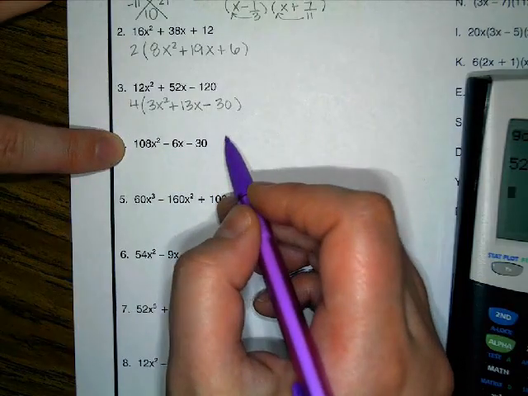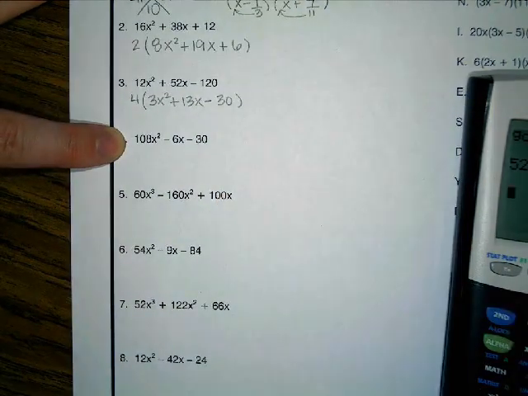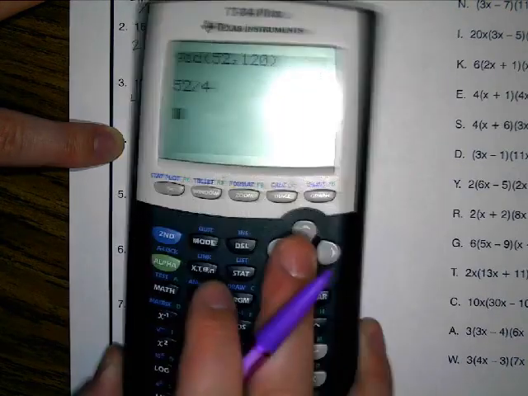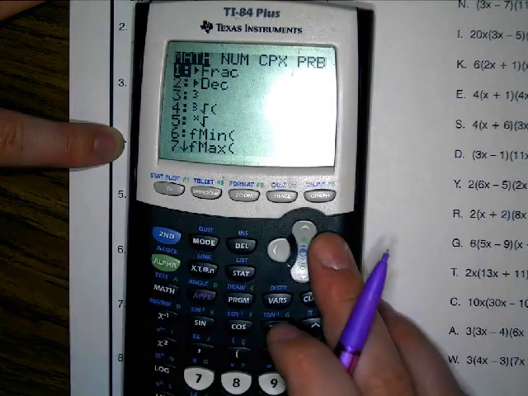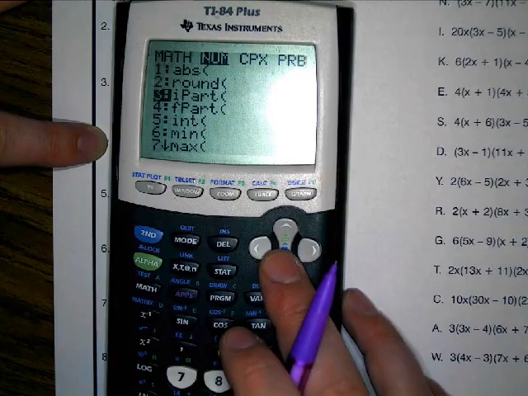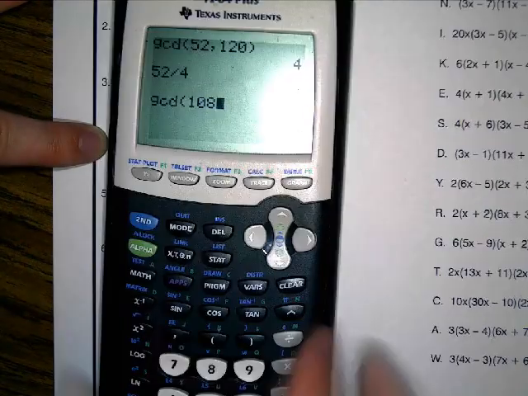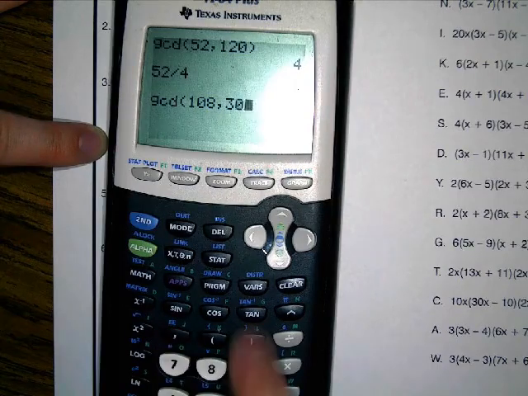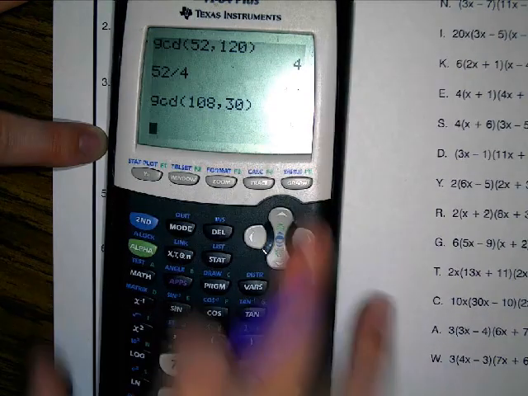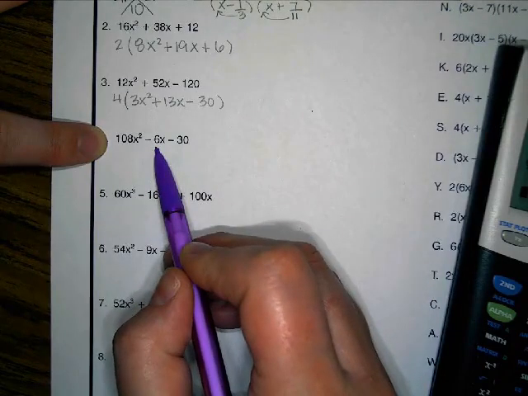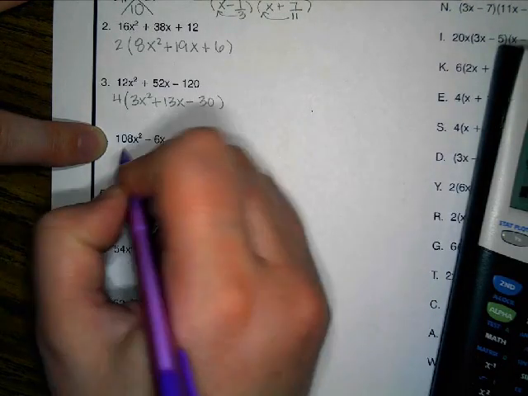All right, what numbers are we going to type into the calculator? I'm going to hit the math button, go over to number, hit number 9, 108 and 30. It says the GCF is 6. Now I'm going to check the smaller number. Does 6 go into 6? Yes. So I'm going to take a GCF of 6 out.